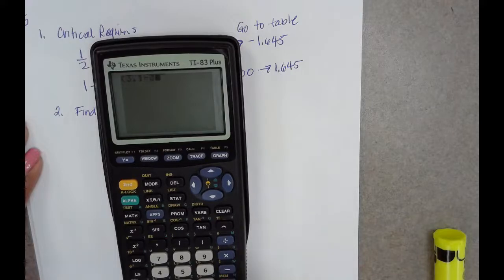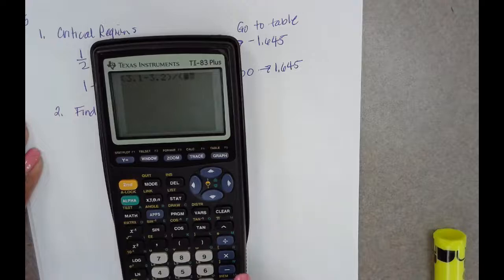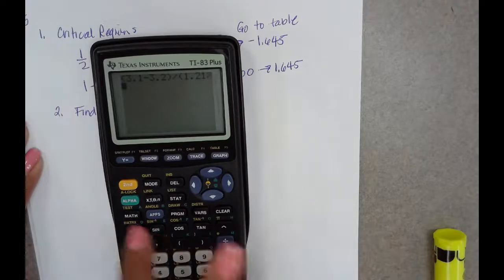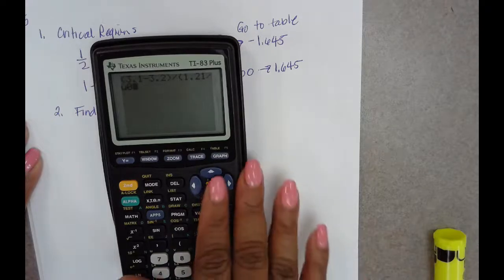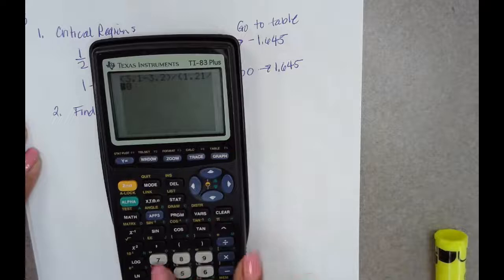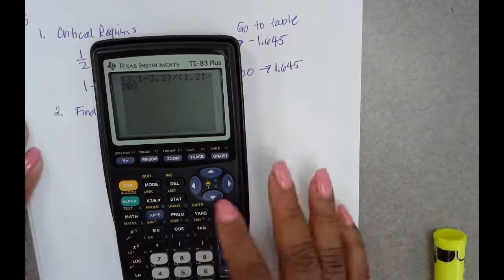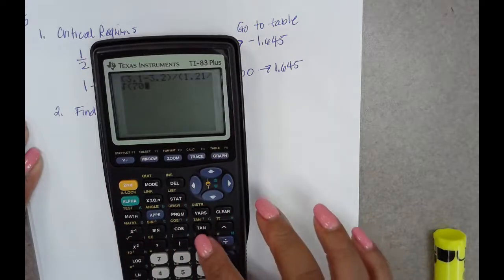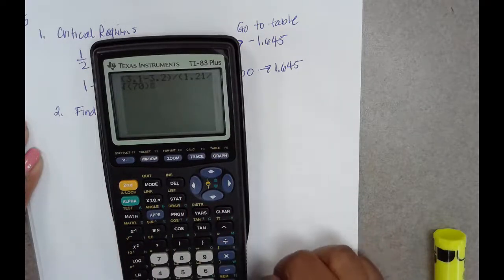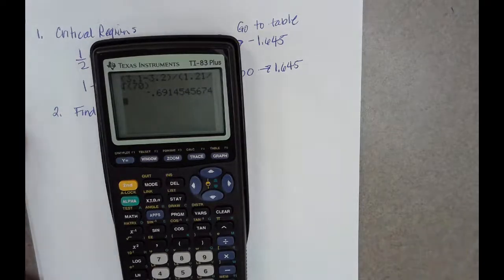3.1 minus 3.2 divided by 1.21 divided by the square root of 70. Did I do square root? The square root of 70. Look at what we get. Here's a negative value.